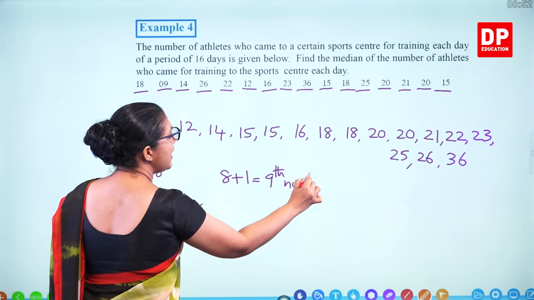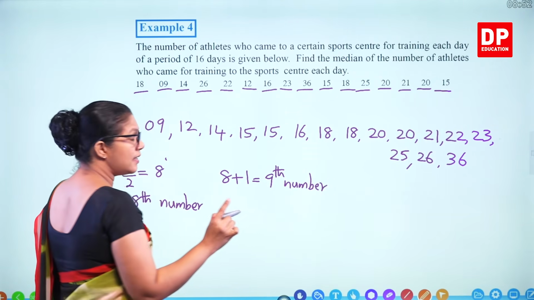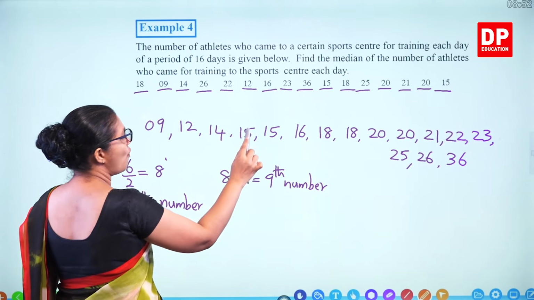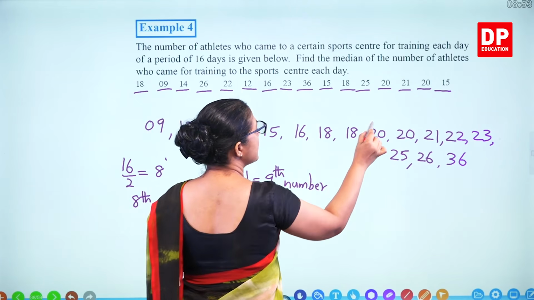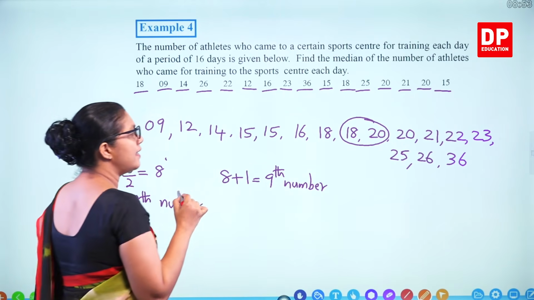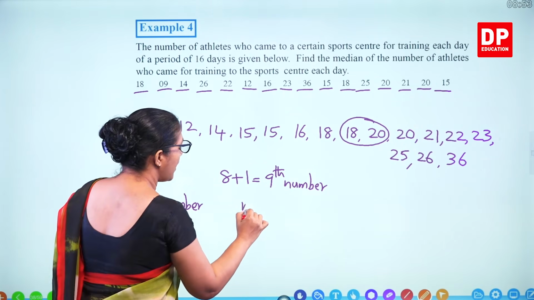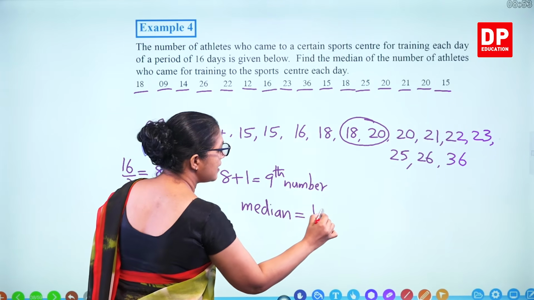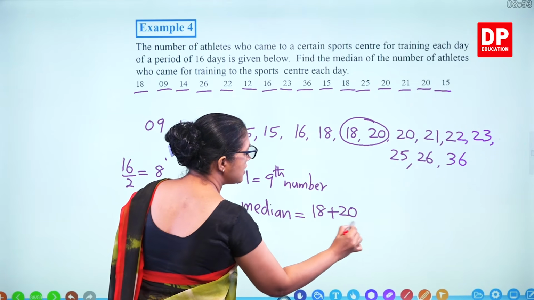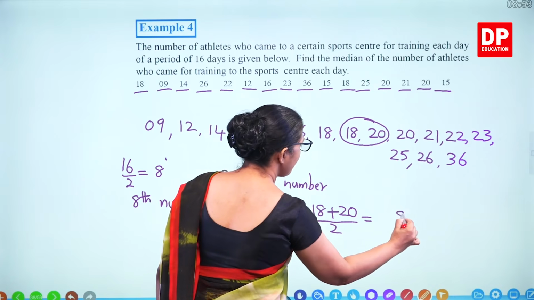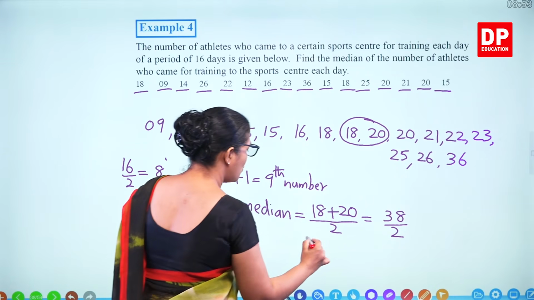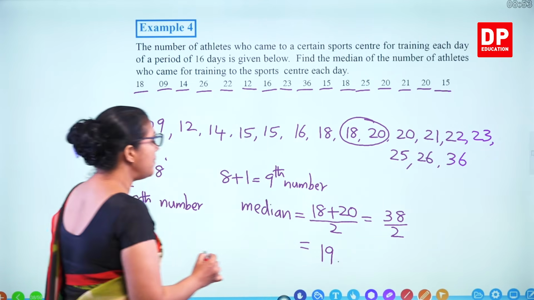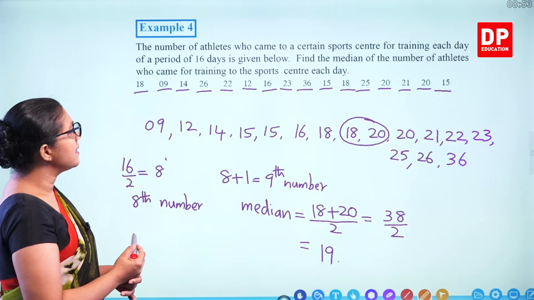So you take the 8th and 9th numbers, take the sum and divide by 2. 1, 2, 3, 4, 5, 6, 7, 8, and 9. You find the median by taking the sum of 18 and 20 divided by 2. 38 divided by 2, so you get 19. The median value is 19.